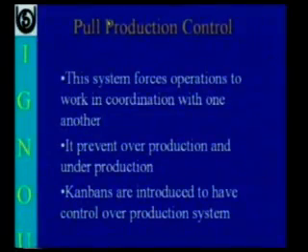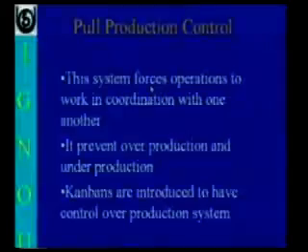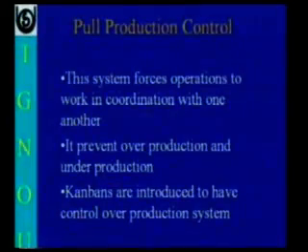In this pull production system, the operations are forced to work in coordination with one another. If there is no coordination, the pull system cannot work, because the worker from the first stage goes to the second stage and takes the unfinished product from the previous center to the next center.